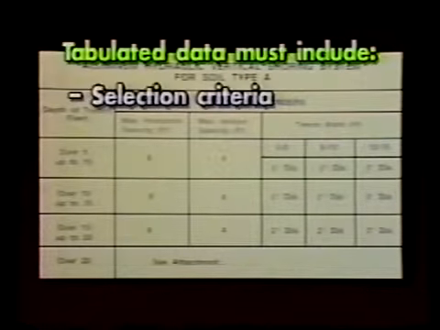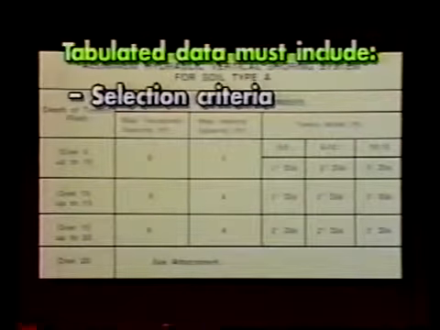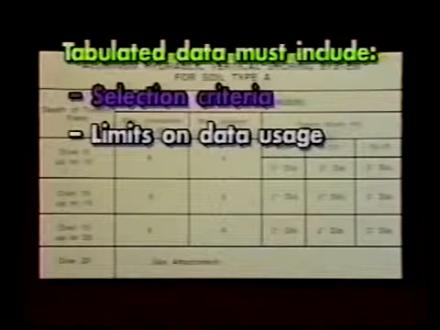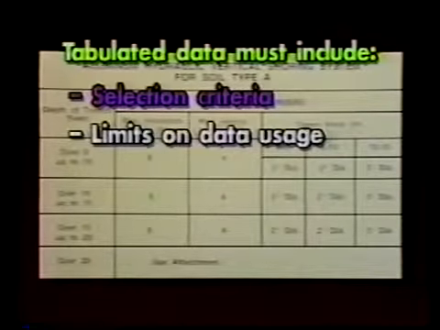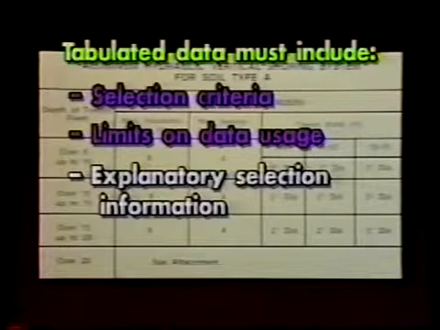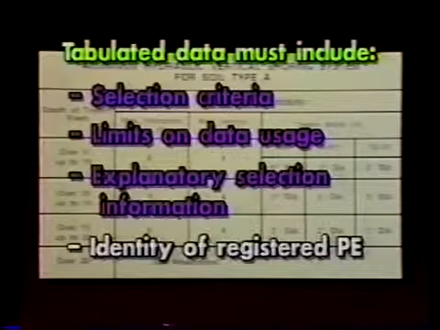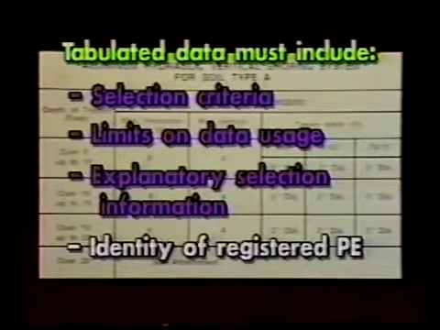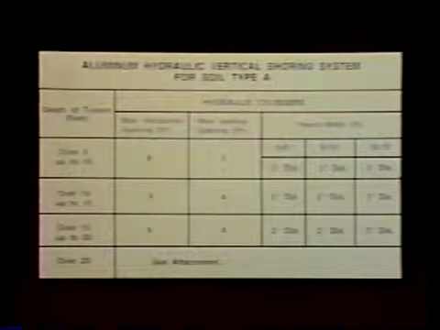The tabulated data must be in written form and include selection criteria, limits on data usage to include the magnitude and configuration of slopes determined to be safe, explanatory information necessary to aid the user to make correct selection of protective systems, and the identity of the registered PE who approved the data. At least one copy of this data must be kept at the job site during construction of the protective system.